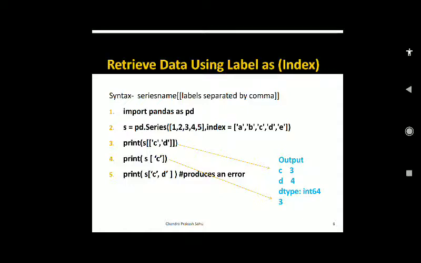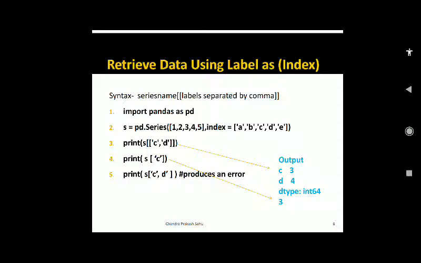In line number 4 the indexing has been shown again, but you cannot use indexing as labeling. That means you cannot pass two indexes as you are doing in labeling.